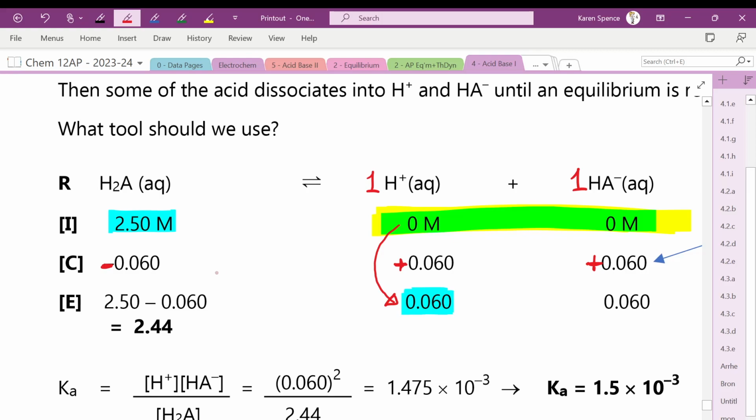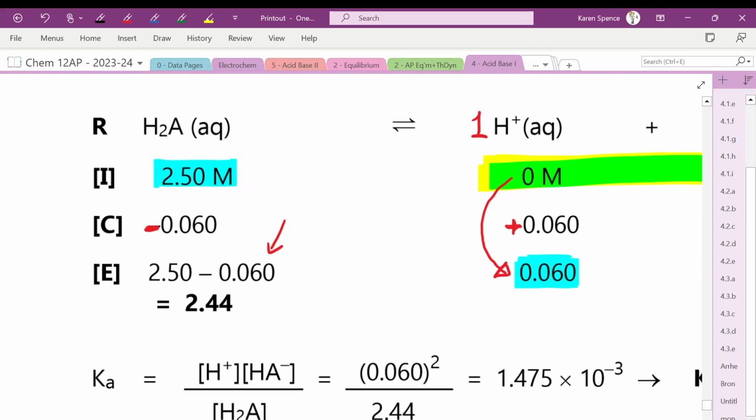Now, do you remember how last time we were like, assume X is insignificant? Yes? And we did that so we did not have to solve a quadratic equation. I would like you to look at this 0.060 and tell me, is that 0.060 insignificant compared with 2.50? No, it is not. Okay?